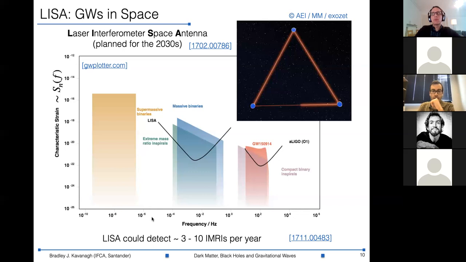Roughly speaking, this is something that still needs a lot of work, but LISA could perhaps detect a few of these kinds of systems per year. So we're starting to think we might be able to see these systems, and this is a promising thing to look at.